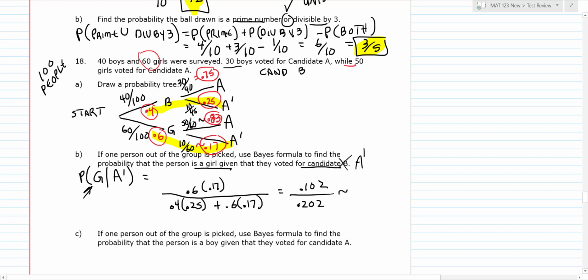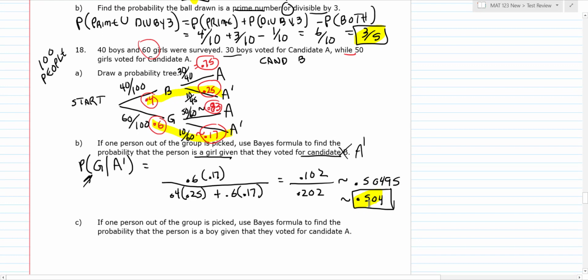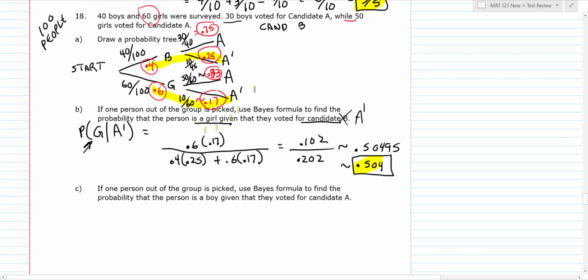Then I can just do 0.102 divided by 0.202, which gives about 0.50495. I'll round this off to about 0.504. So it's a little bit more than 50% chance of that happening. Okay. All right.